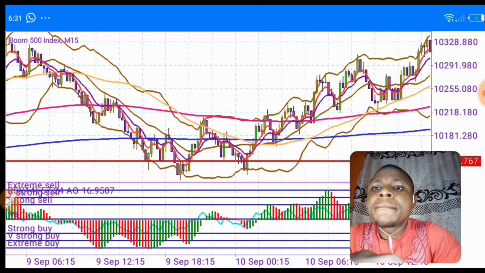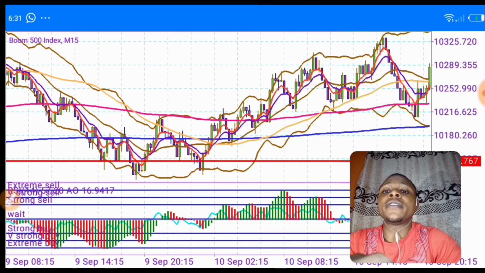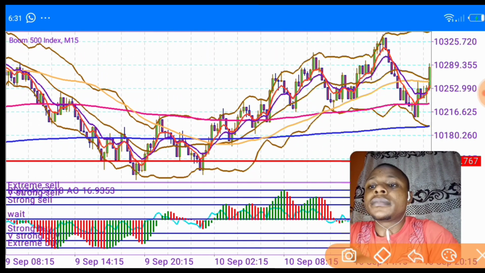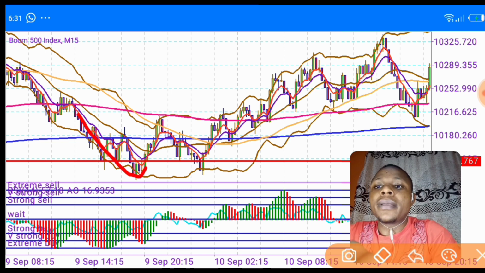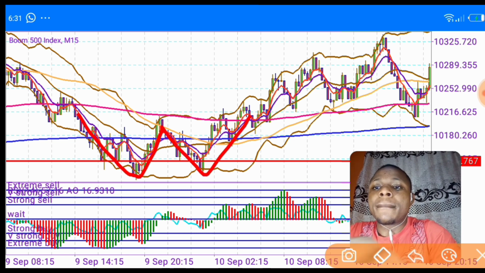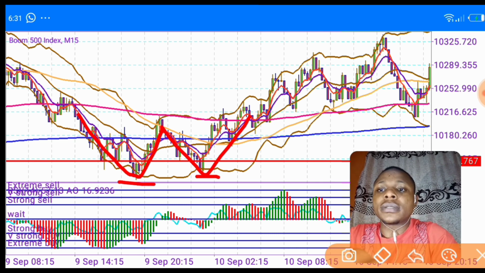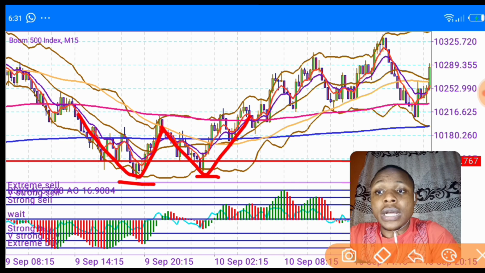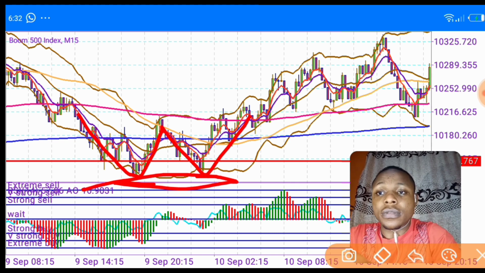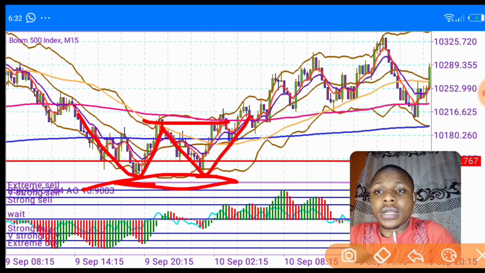Yeah, this is a perfect example of a double bottom. See, that's the W. This one is respecting. I mean, this is a double bottom that has the same level of supports. You can see it's respected.